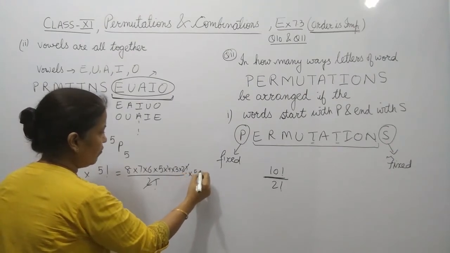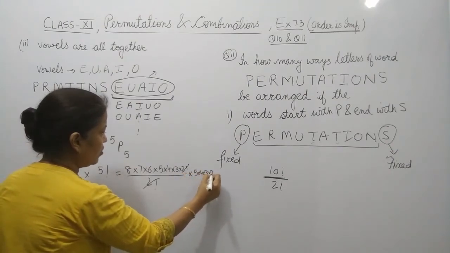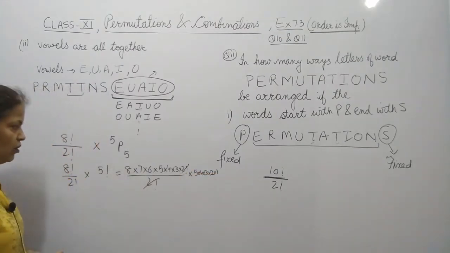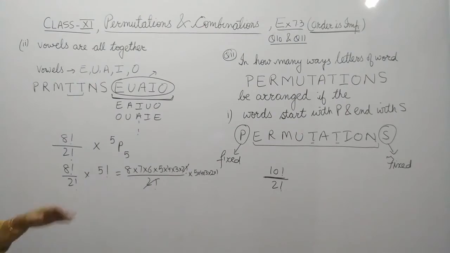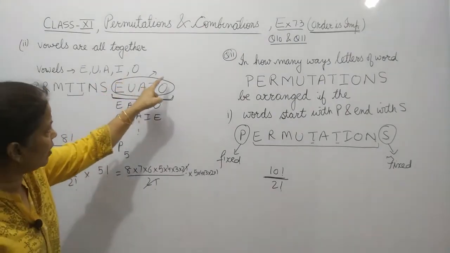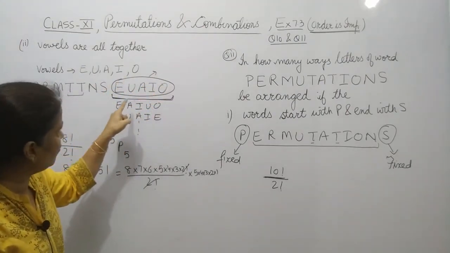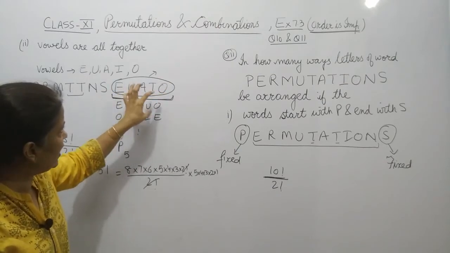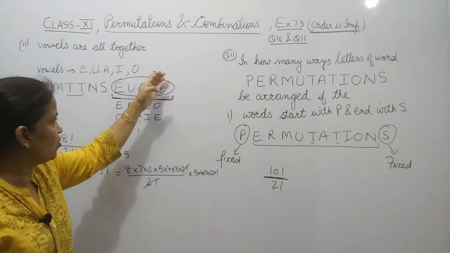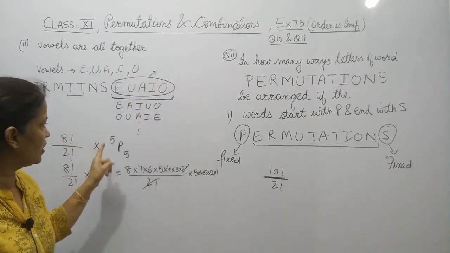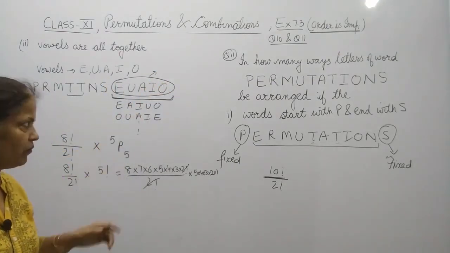So 5, 4, 3, 2 and 1. You will multiply these numbers together to get the answer. Is it clear? Because in this, the interchange of the letters in vowels is also there. So the total ways for vowels is 5P5.